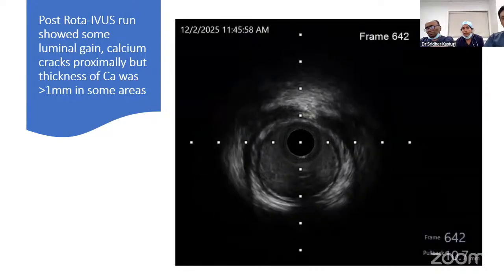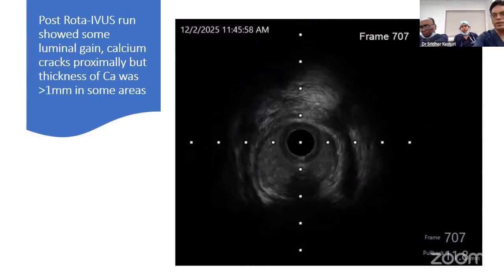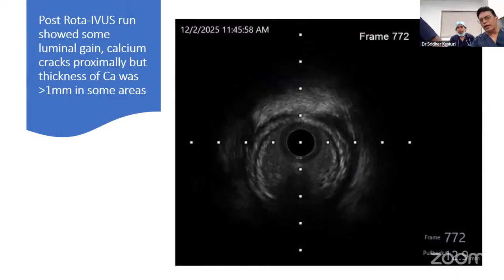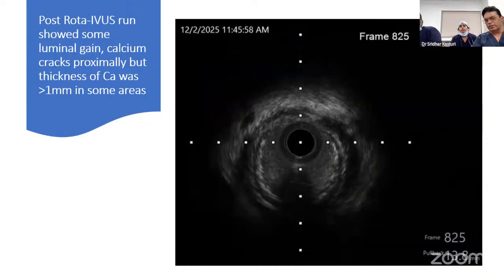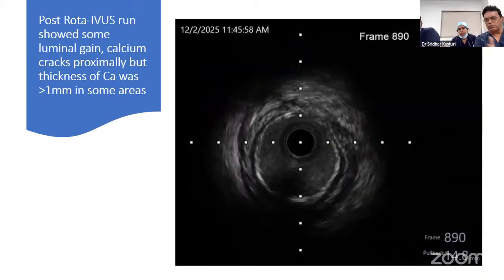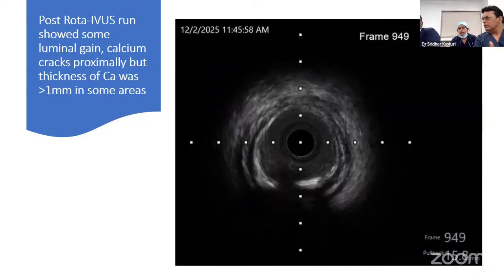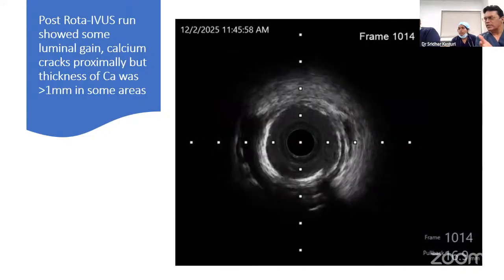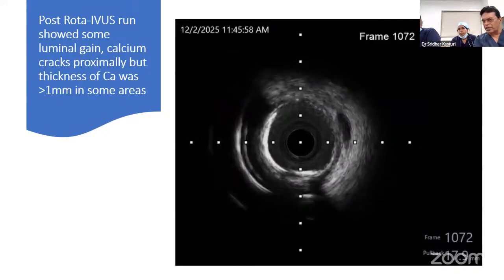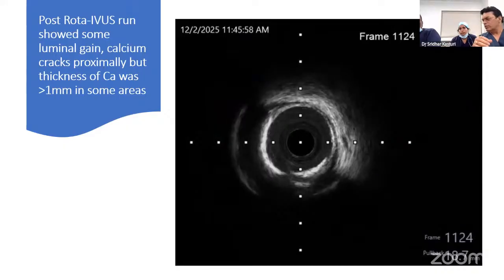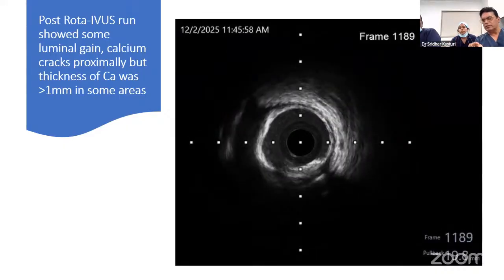So what is the plan? No, actually, I think you have missed the first IVUS image. The first IVUS image has more calcium. Yes, initially. What is your observation? Initially, it was more, but comparatively it's shaved, because you have missed the first image.